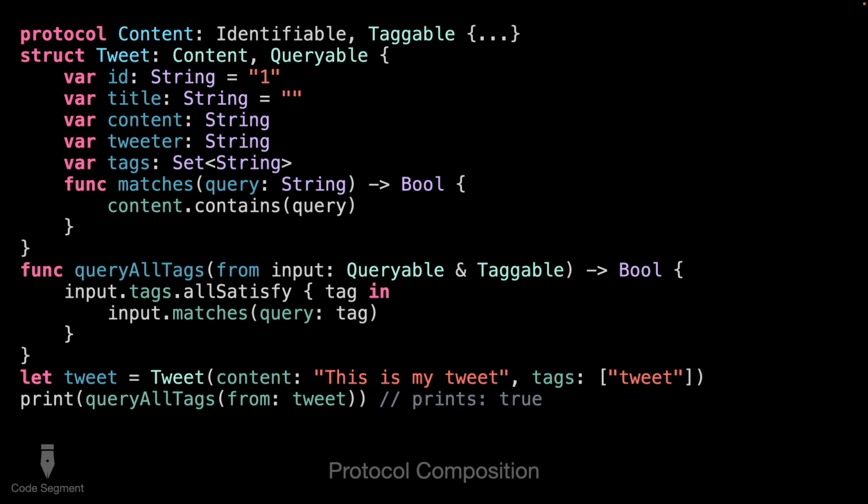And that's the only things that are guaranteed on the input parameter. So we can't access anything else that was passed in. Like if tweet gets passed in, we can't access tweeter or anything else, right? Not even the stuff defined in content, okay? So like ID and title and whatnot. If we wanted to have access to things defined by content, we would then have another ampersand after taggable and content, right? Does that answer the question?